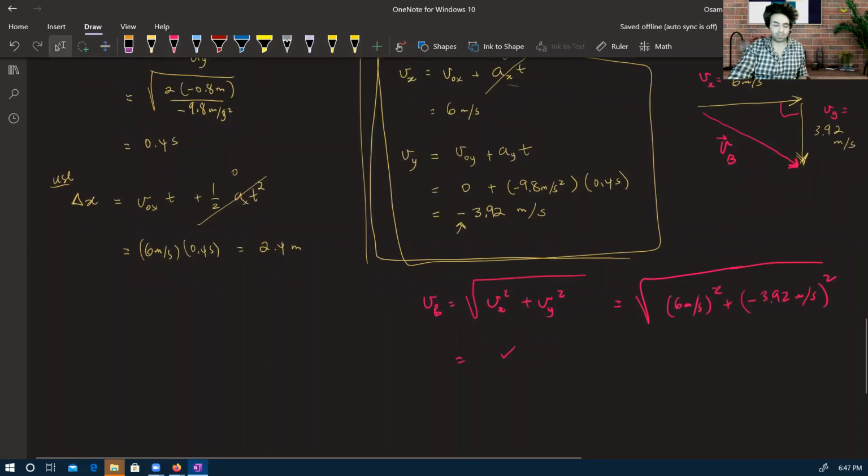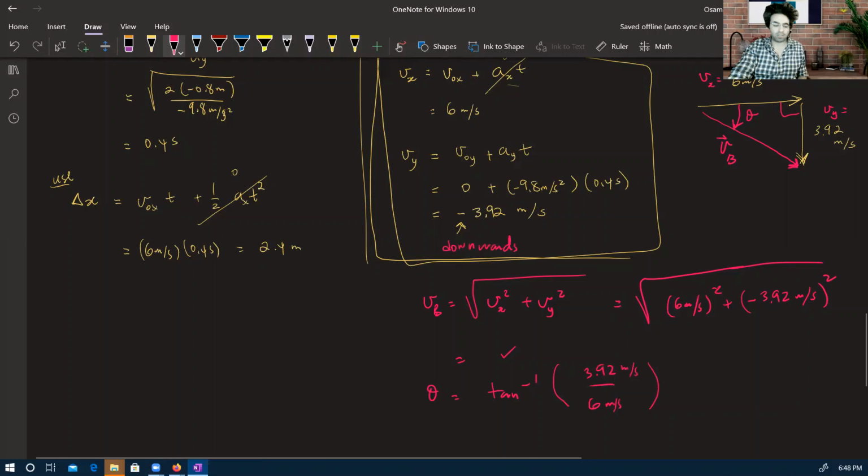And if I want to know the direction of that vector, so let's say I want to know this angle here, then I can think of this angle as the tan inverse of the y divided by the x. Now the reason I'm putting the y here as positive instead of the negative that it was is that this negative depends on the tools that you're using. Its meaning is that it's pointing downwards relative to the direction that you're calling positive.